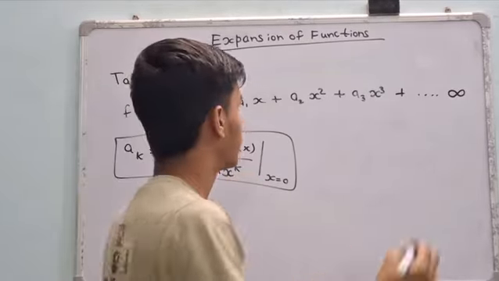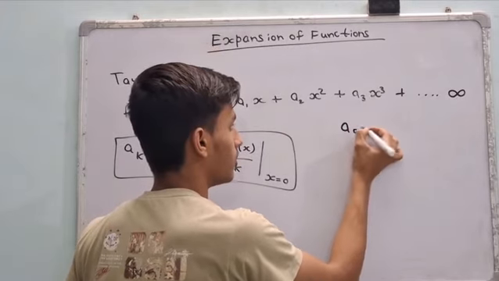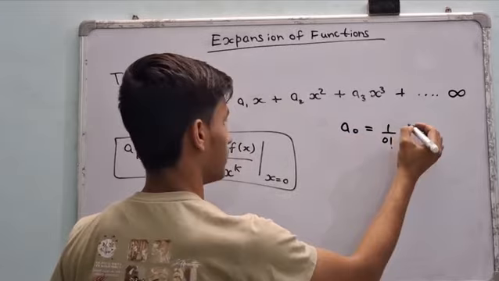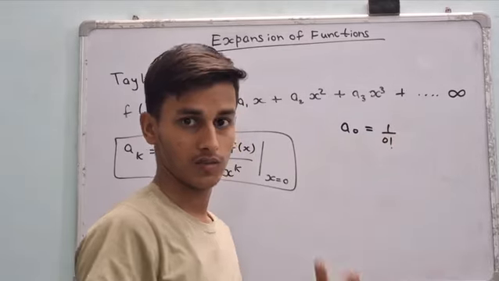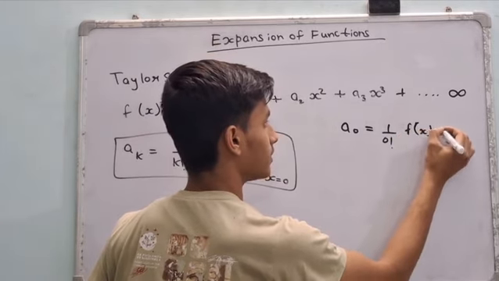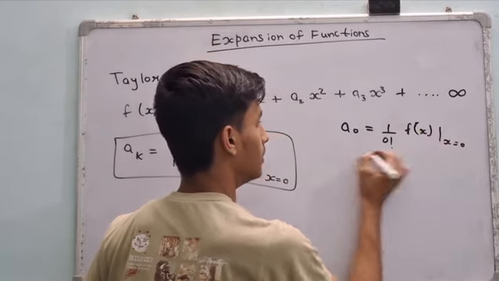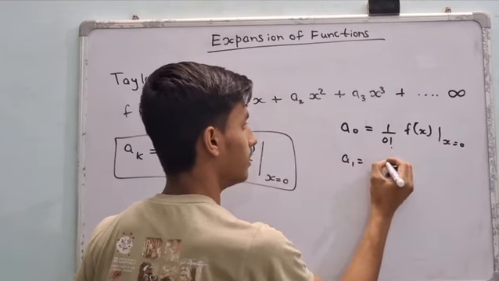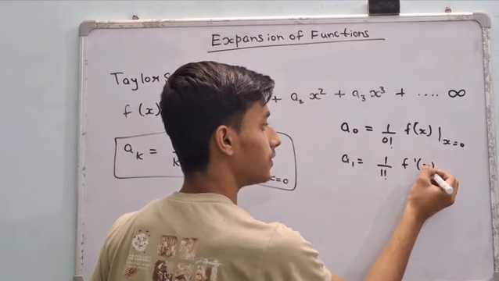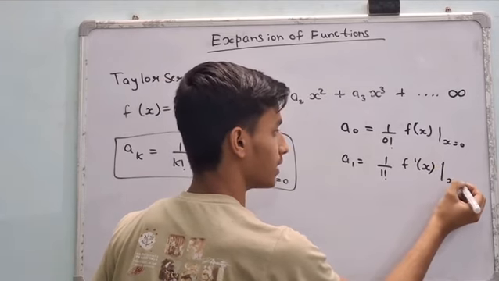So a0 will be 1 over 0 factorial times the function itself, f of x at x equals 0, and a1 will be 1 over 1 factorial times f's first derivative at x equals 0.